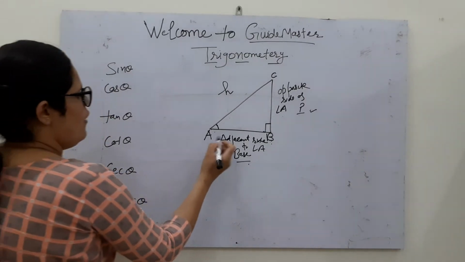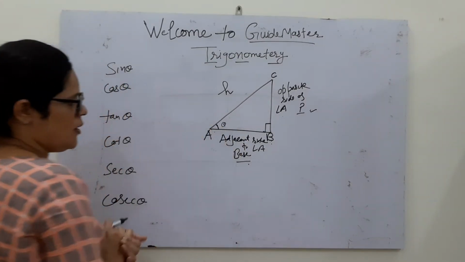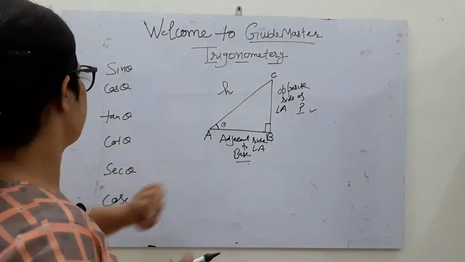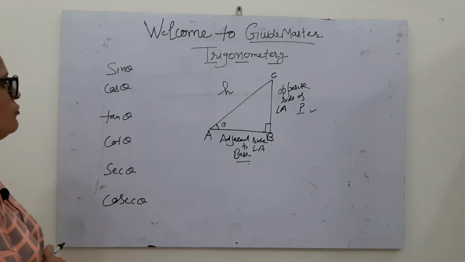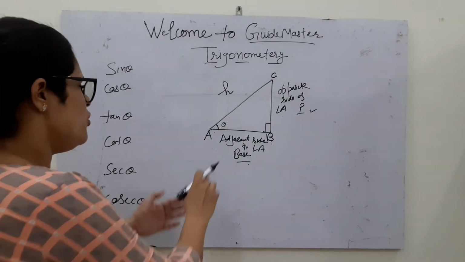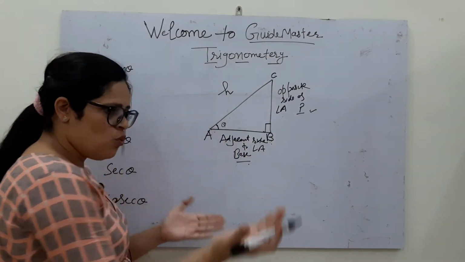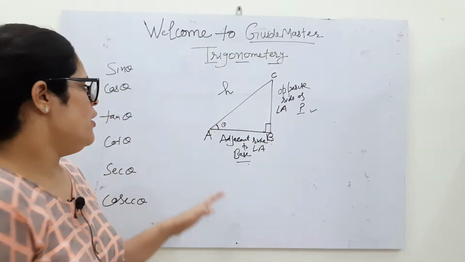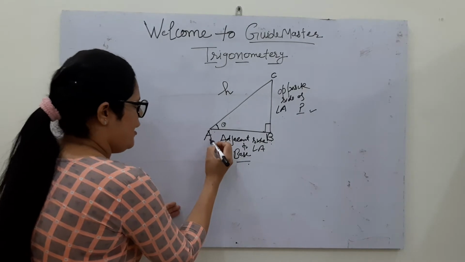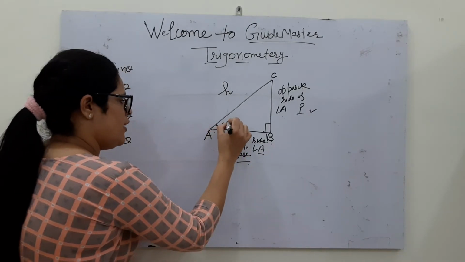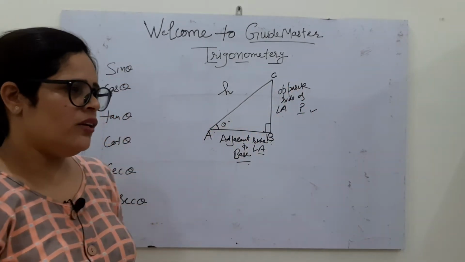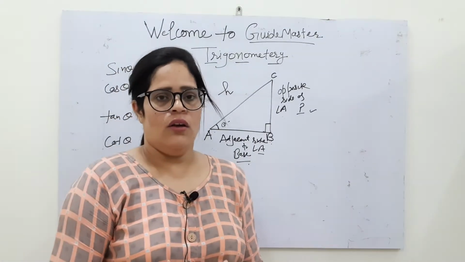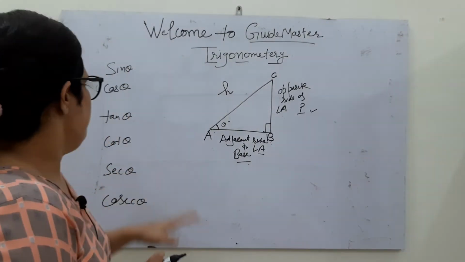You can say this is some angle theta. If you consider it as angle A, then this angle. If you consider angle theta, theta can be any angle.